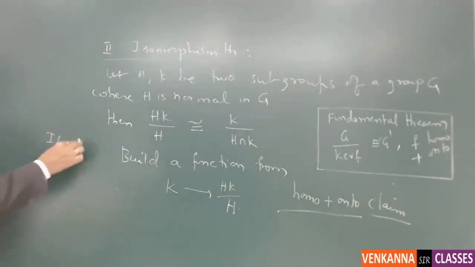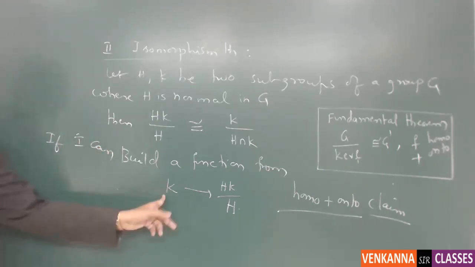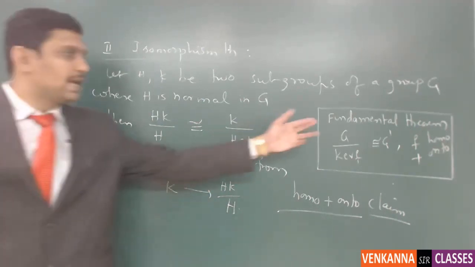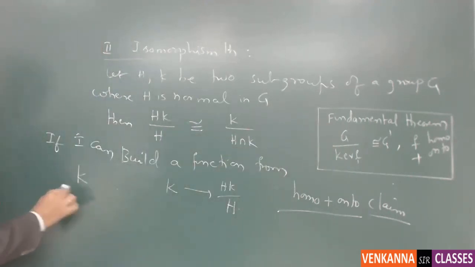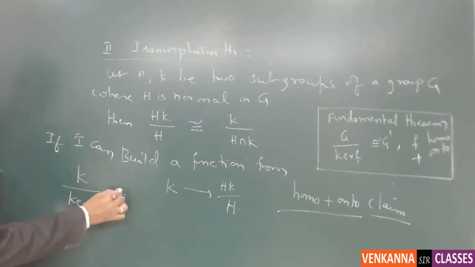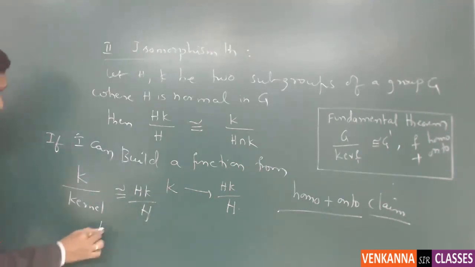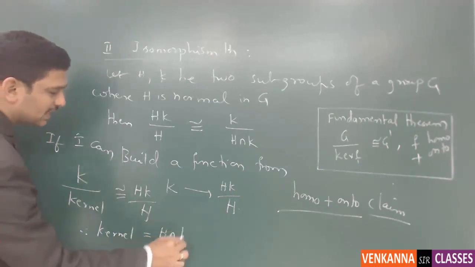If I can build a function from K to HK by H, which is a homomorphism and onto, then as per the fundamental theorem, K by kernel is isomorphic to HK by H. So the kernel here equals H intersection K.